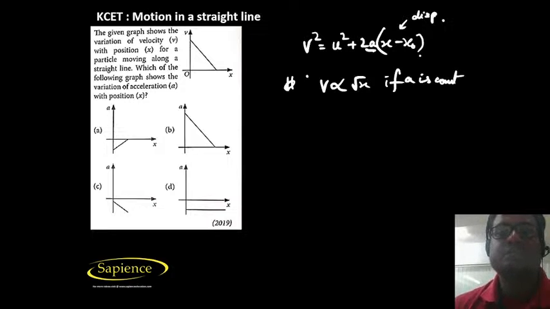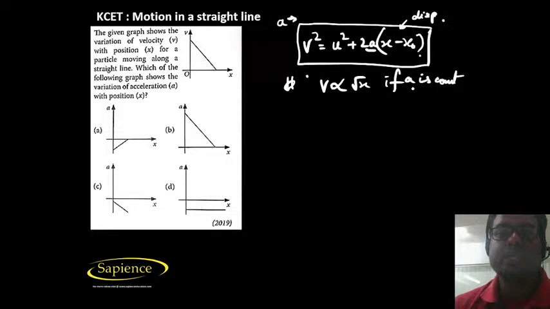But here, v square equals u square plus 2a into x minus x naught is applicable only if a is constant. So if a is constant, then I can say that the velocity v should be proportional to the square root of x, which is the position.